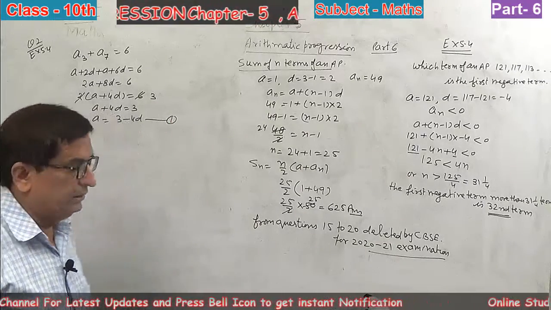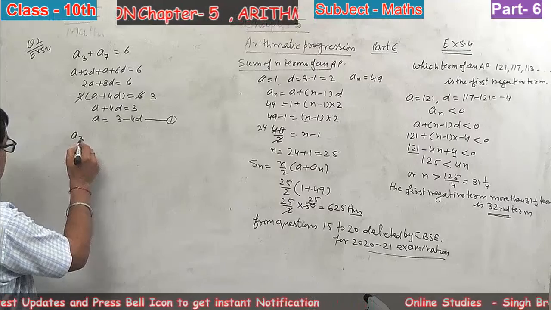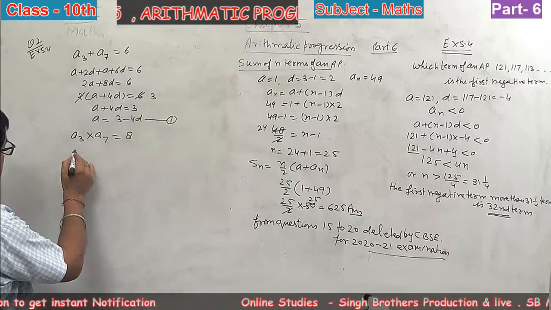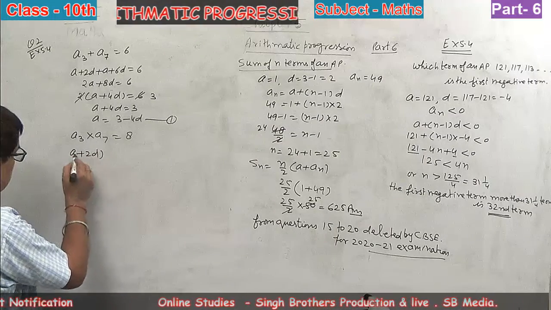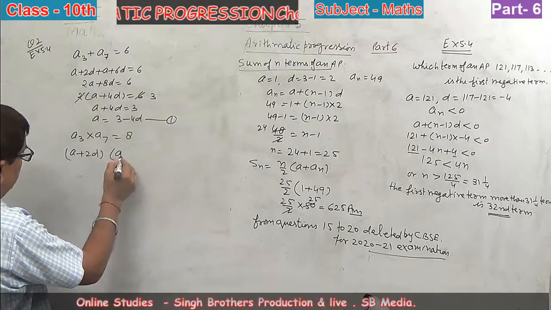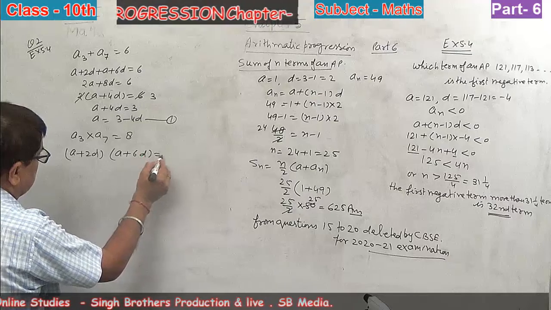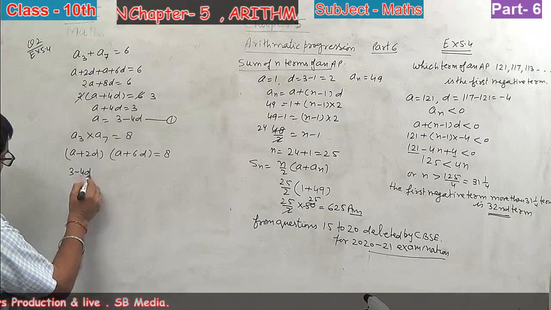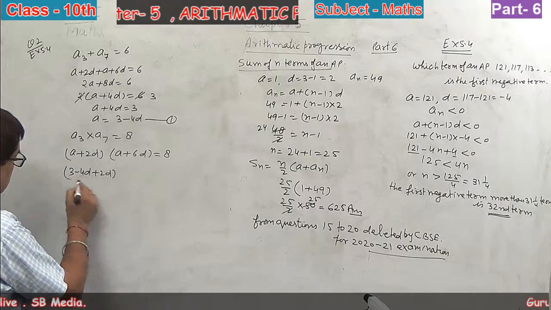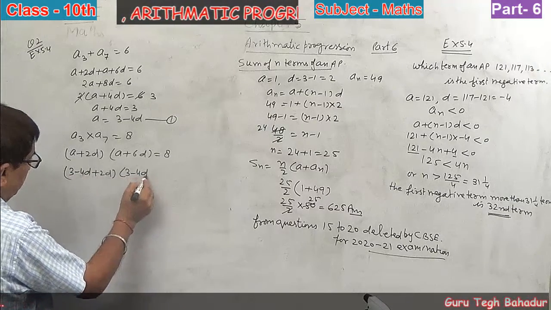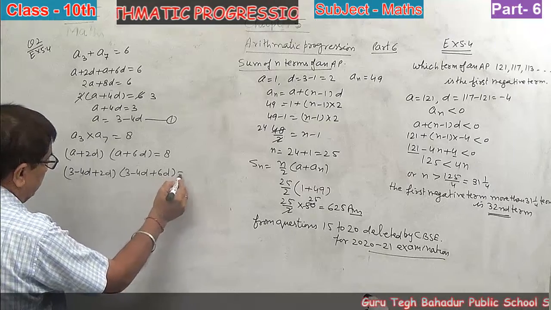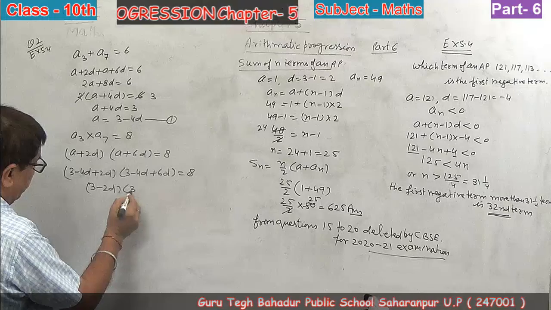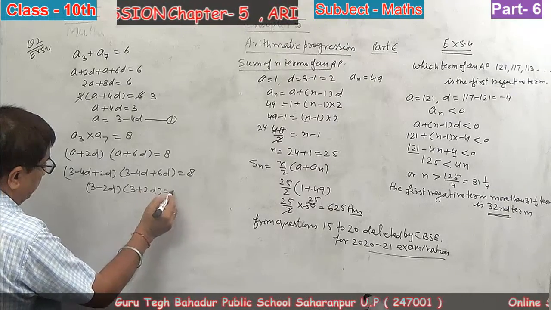Their product is 8. A3 into A7 is 8. A3 is A plus 2D, A7 is A plus 6D. Putting the value of A, 3 minus 4D plus 2D, and 3 minus 4D plus 6D, that is (3 minus 2D)(3 plus 2D) is equal to 8.